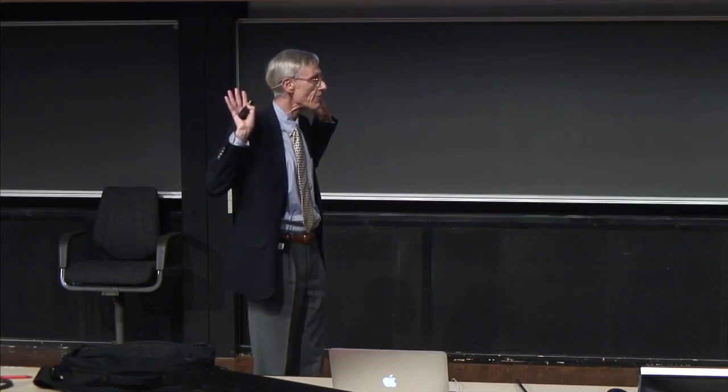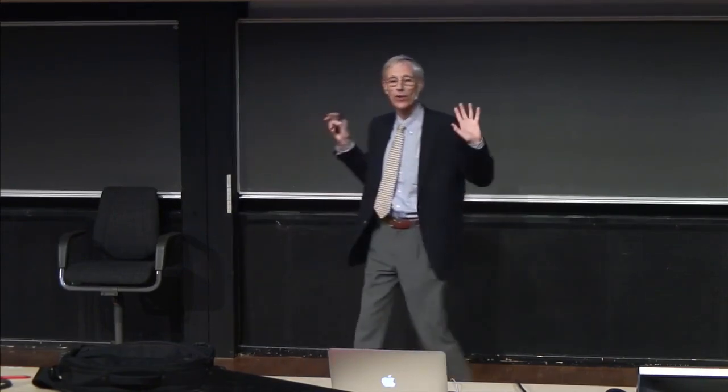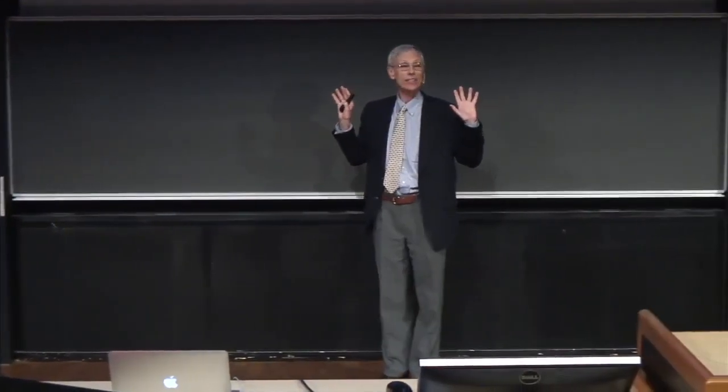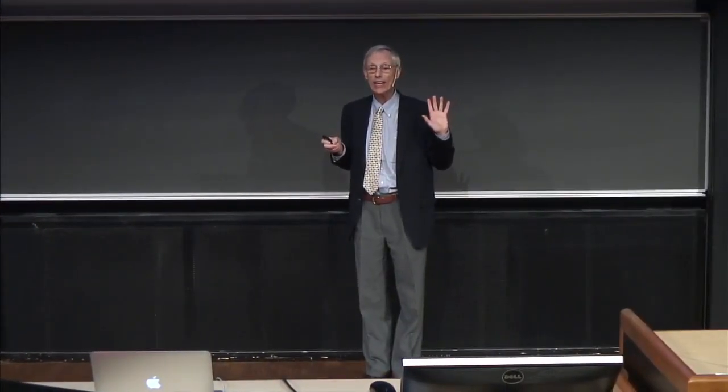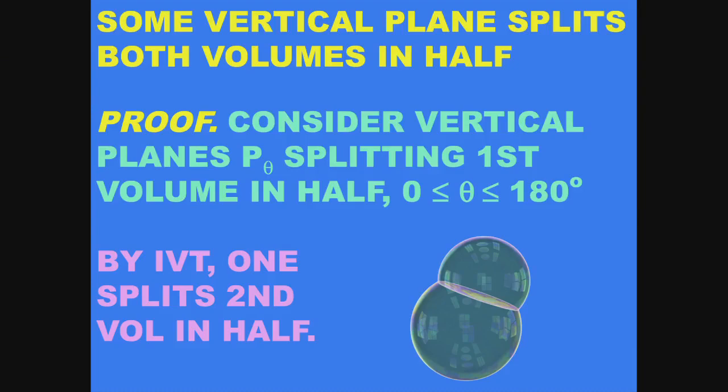So by the intermediate value theorem, there has to be some starting angle where you accidentally split the second volume in half as well. It's like the proof of the ham sandwich theorem. So that way we got a vertical plane that split both volumes in half.